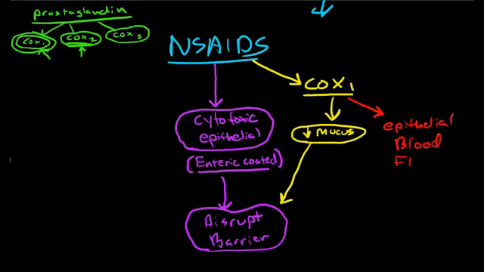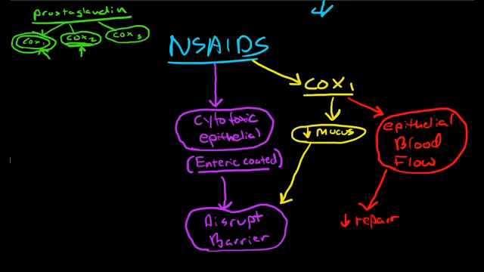Now, this is critical because this impacts the repair mechanism. It suppresses the epithelial repair mechanism. In fact, it can make it so that it is nearly non-functional because it can decrease blood flow to the stomach quite significantly.